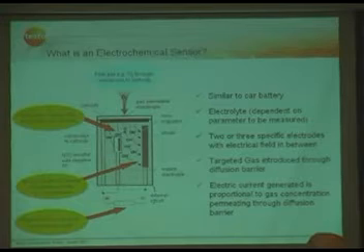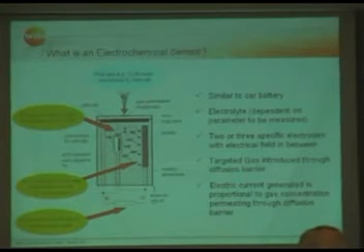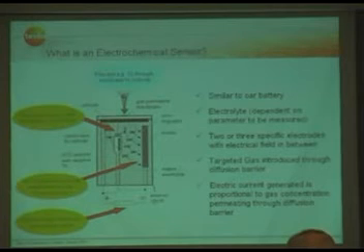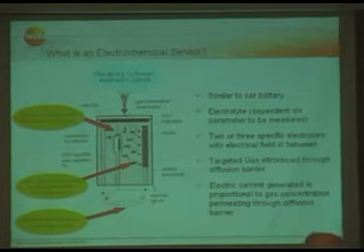Just one slide regarding the electrochemical sensor. What is an electrochemical sensor? Very basically, it's similar to a car battery. If it's cold outside, it's very slow. If it's hot, then the reaction within the sensor takes place very fast.